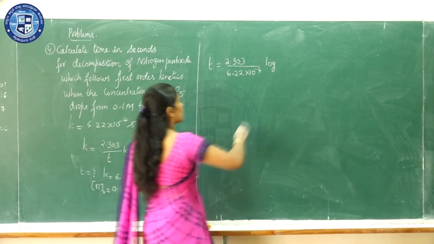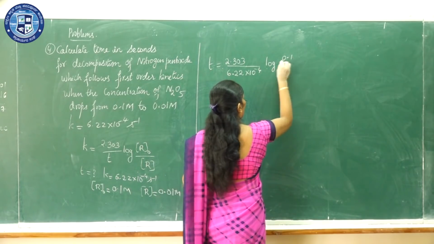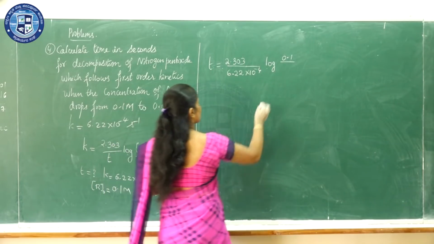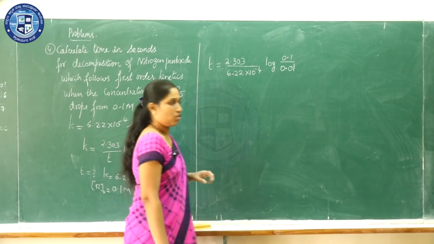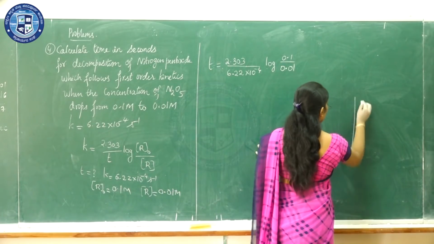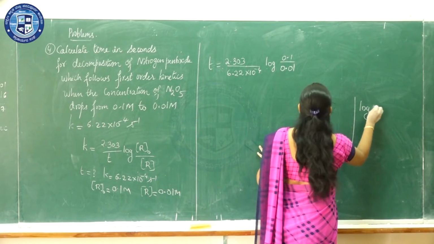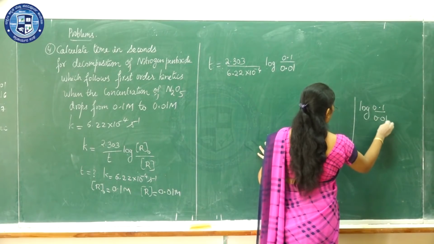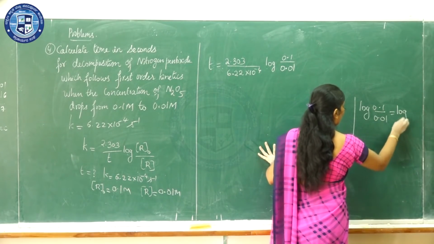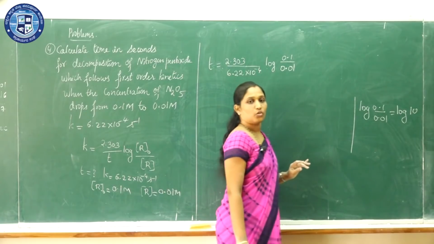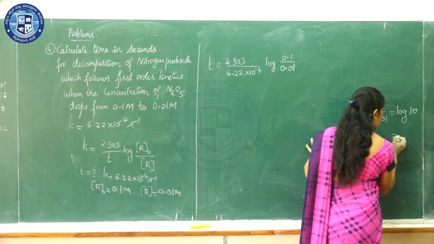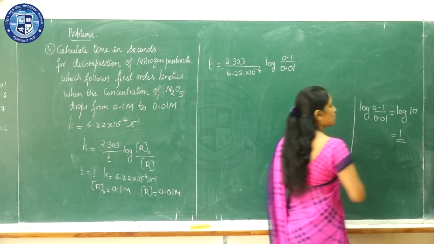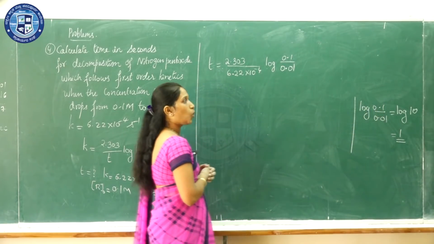What is R naught? 0.1. R is 0.01. So, what is this? Okay, if you simplify, it is quite simple, comes out to be log 0.1 divided by 0.01 is nothing but log 10. So, as I told you, log 10, you must all be familiar with that, that is log 10 is nothing but 1.